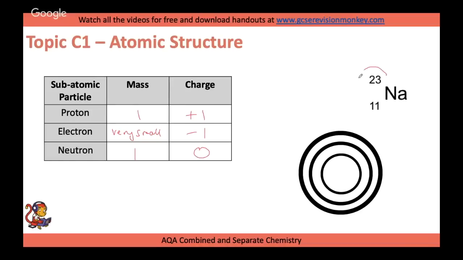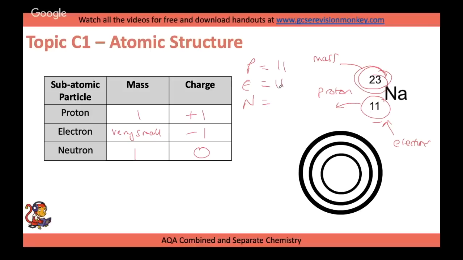On your periodic table, it'll give you a key to which number is which. So this is the relative mass, and this is the proton number. In an atom, there is the same number of protons as electrons. So this also tells you the number of electrons. So if you're asked to work them out, PEN: protons says 11, electrons says 11, and the neutrons is the mass, take away the protons, so there'll be 12 neutrons.